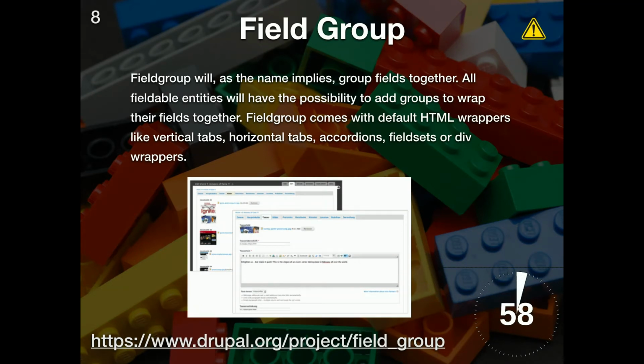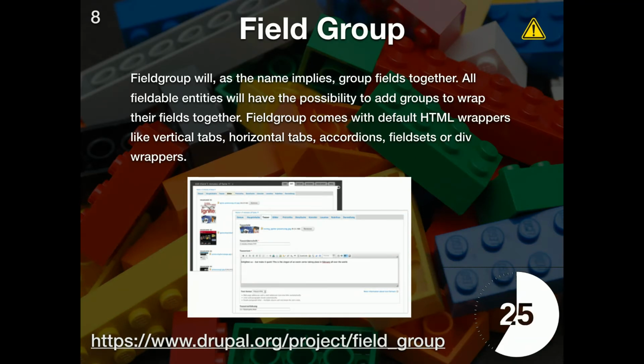Field group. This is really nice to be able to customize, say, your node forms. So when you're entering in the fields for your content type page or whatever, if you have a lot of fields, field group allows you to break down the form into digestible bits. You're probably familiar with the fieldset tag in HTML that you can use to separate things out into groups.